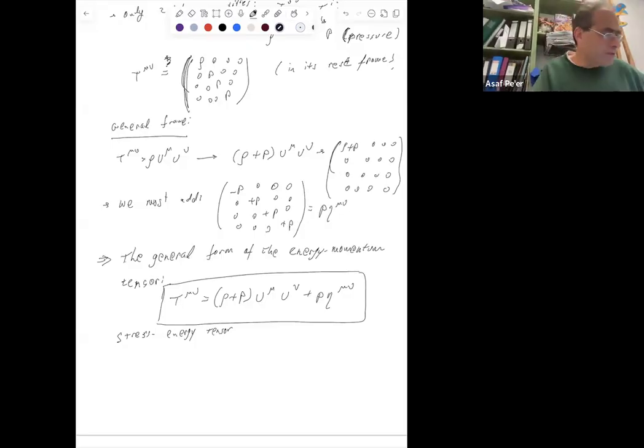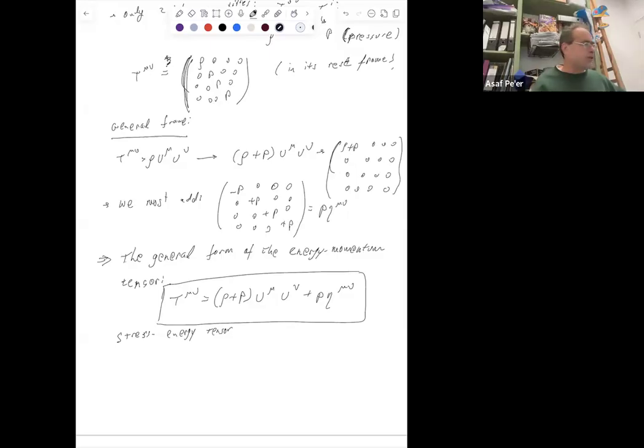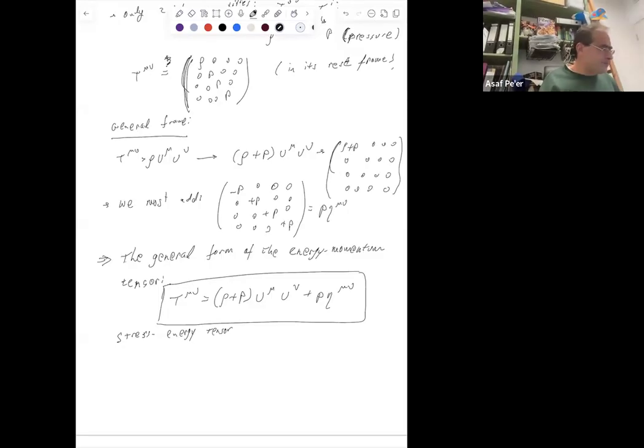What is the meaning of the stress energy tensor? As I said, the stress energy tensor essentially tells us all the energy and momentum aspects of a continuous system. Now we're not talking about a single particle. We're talking about a fluid, an ensemble of particles that have pressure and energy density. Again, in astrophysics, everything is a perfect fluid.